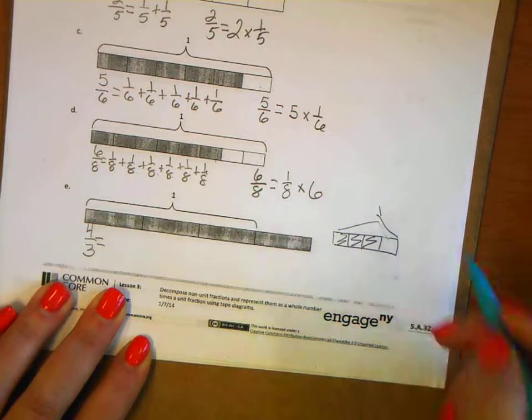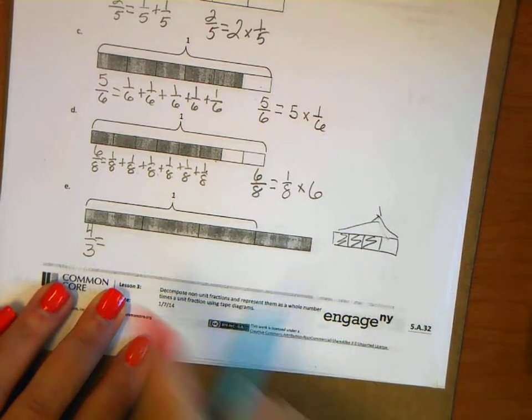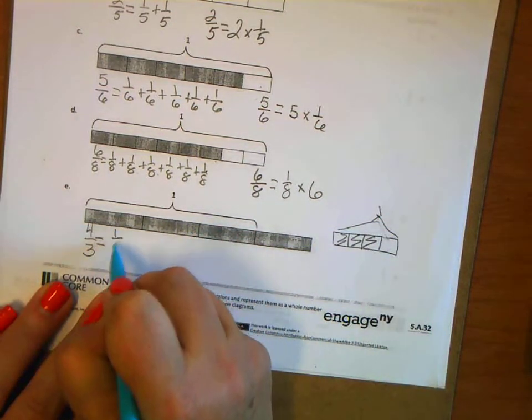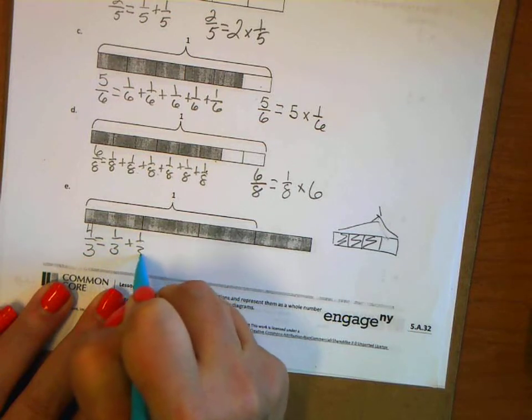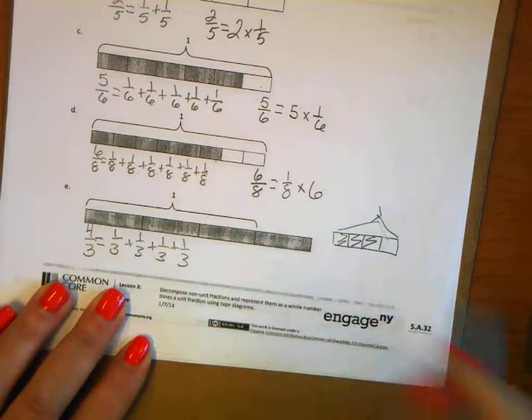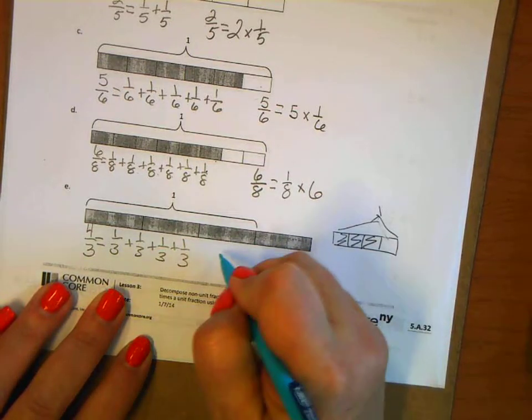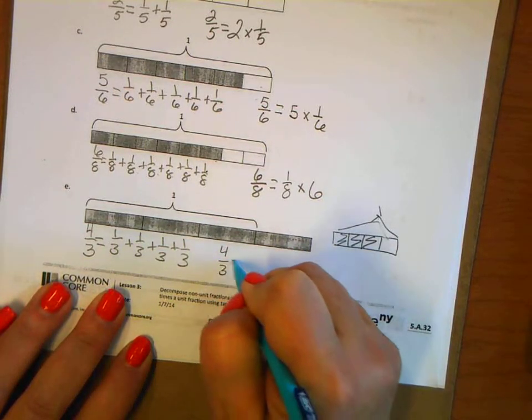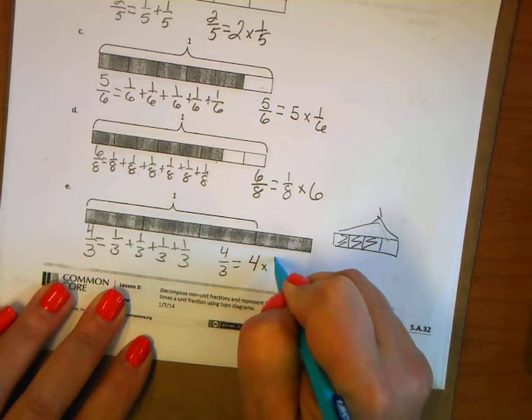That's the whole. Okay, so 4 thirds equals 1 third plus 1 third plus 1 third plus 1 third, or my multiplication sentence would be what, Paris? Good job. 4 times 1 third.